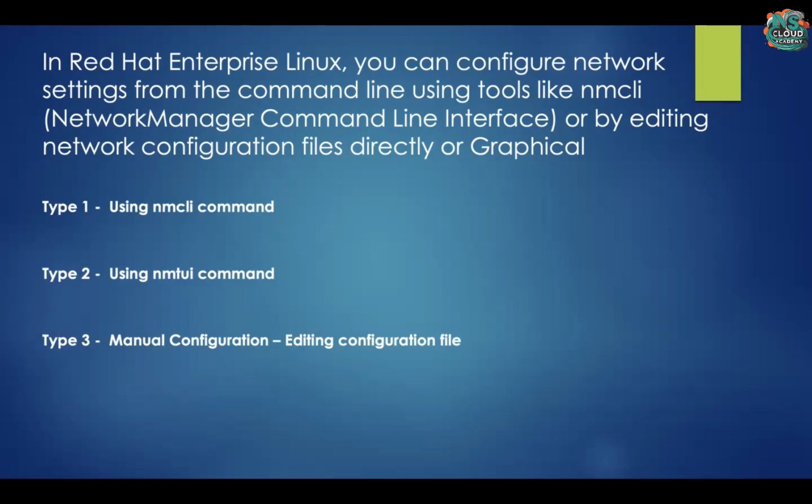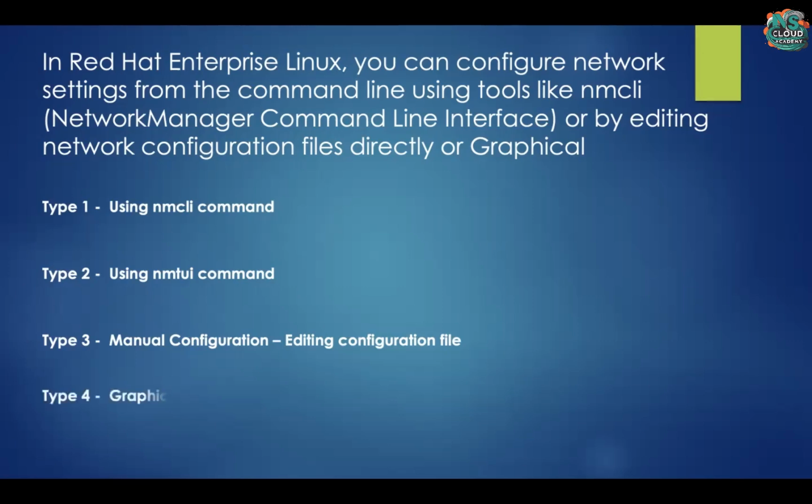As you know, in Linux everything is a file, so if it is a file, definitely you can modify it. You should know where the file is and how you can modify it. If you know which file is responsible for the network, you can easily modify that file according to your requirement.